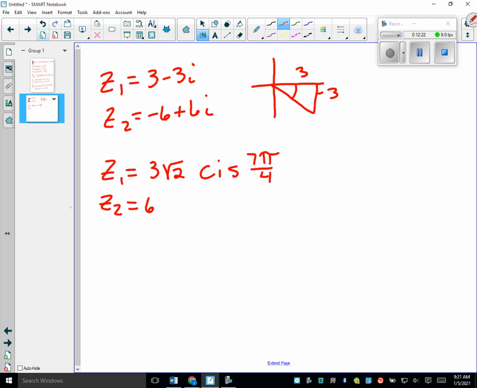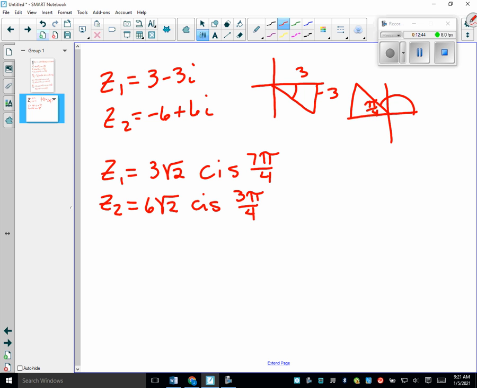Okay. What quadrant is it in? Yeah. Okay. And is it also pi over 4? So what is my angle? 3 pi over 4?